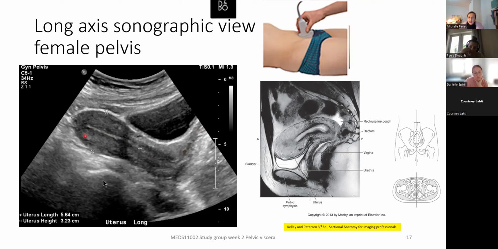Is everyone feeling okay with that image? Yeah. So this is myometrium. Would this be anterior or posterior myometrium? Anterior, because it's more anterior. It's closer to the anterior part of the body here.